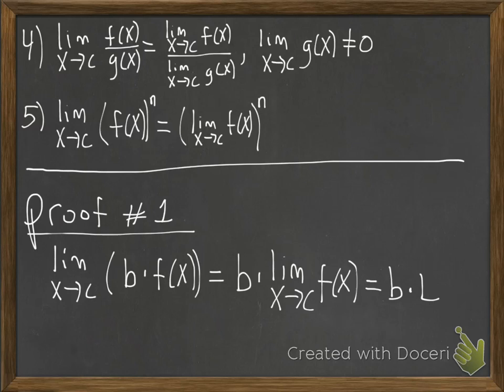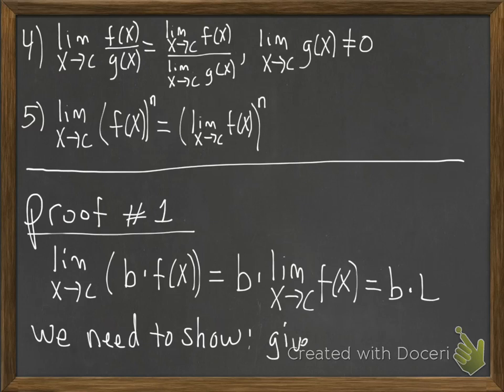So to show this, we need to show that given some epsilon greater than 0, we can find a delta greater than 0, and then remember what that condition would have to say.